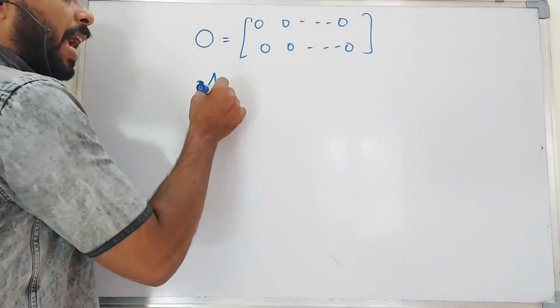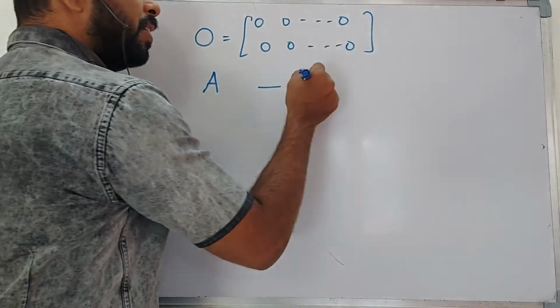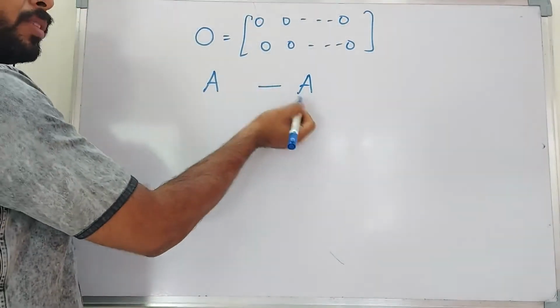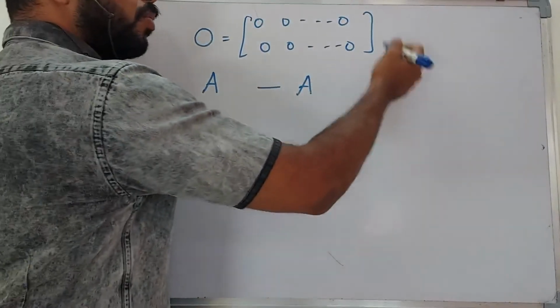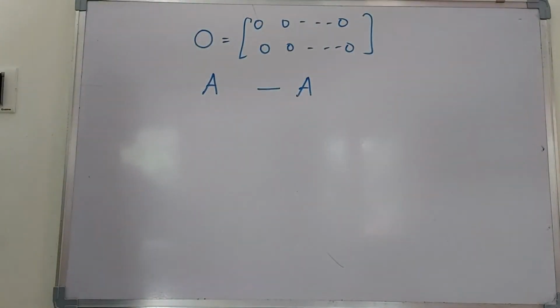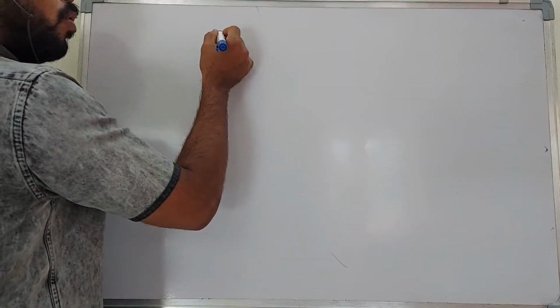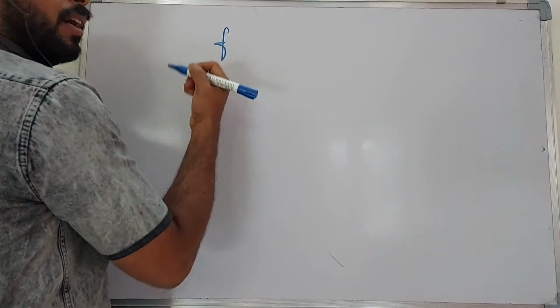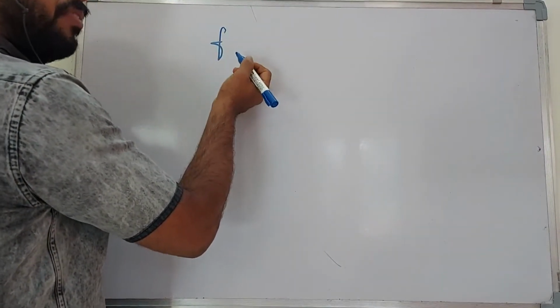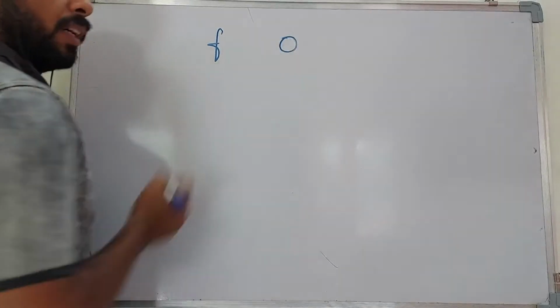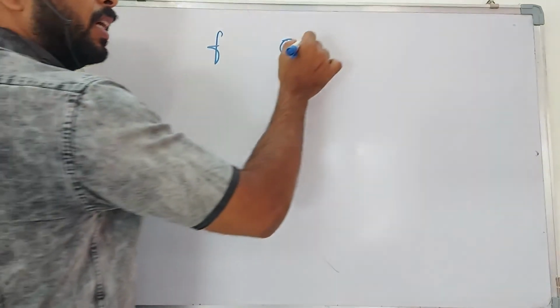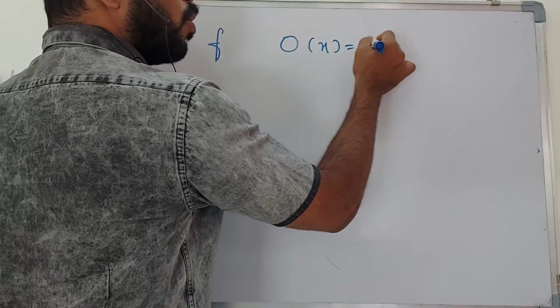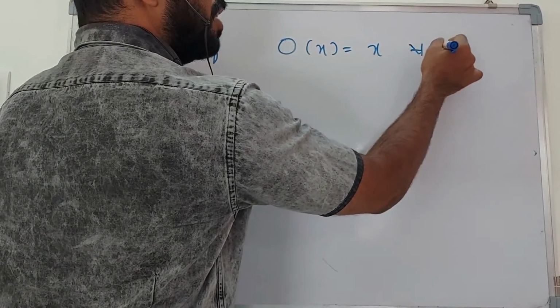And if A is any matrix, its additive inverse is minus A, obtained from A by taking negatives of all entries of the matrix A. Similarly, if we consider the set of all functions f, the additive identity is the zero function, denoted by 0, defined as 0 of x equals 0 for every x.